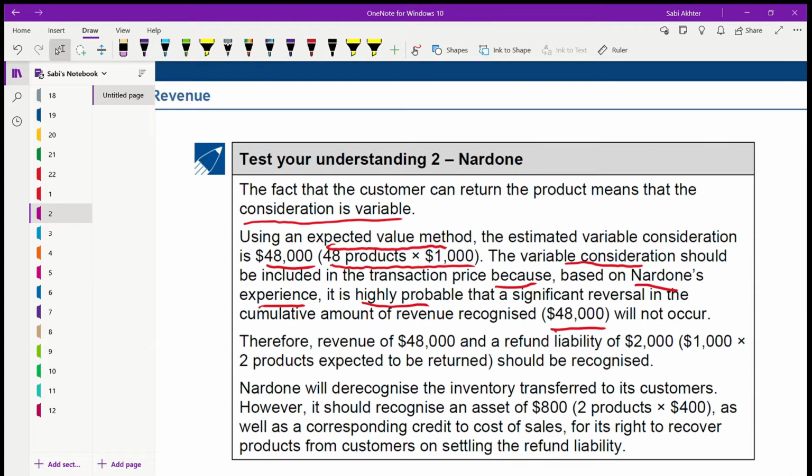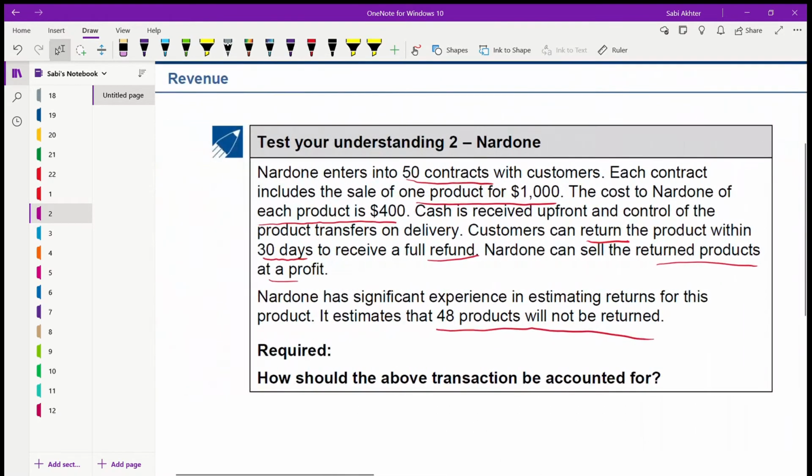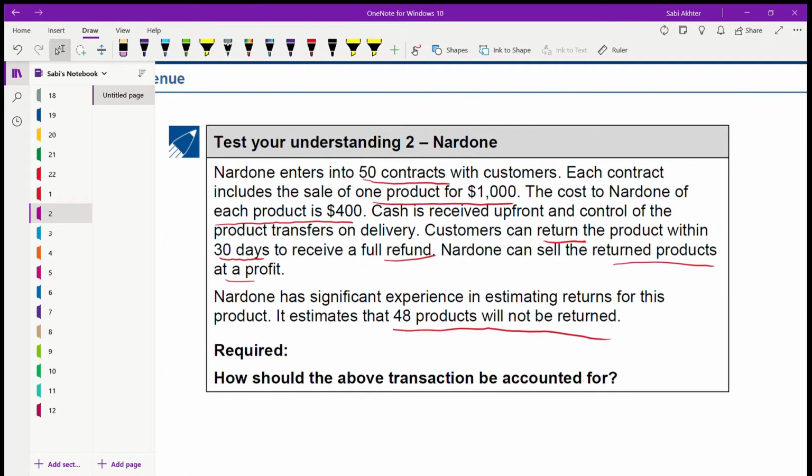So therefore the revenue is 48,000, and a refund liability of 2,000. Why? 1,000 into 2 expected to be returned should be recognized. What is expected to be returned is known as refund liability. This also should be recognized. How much are they going to return?